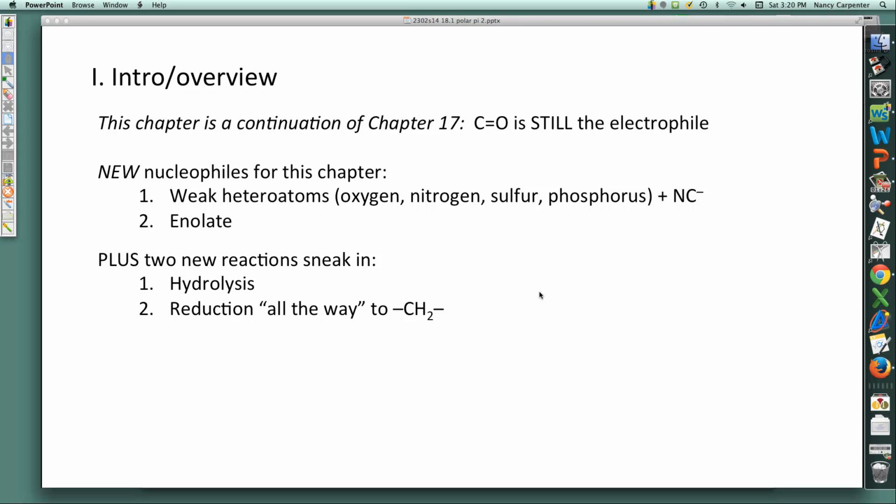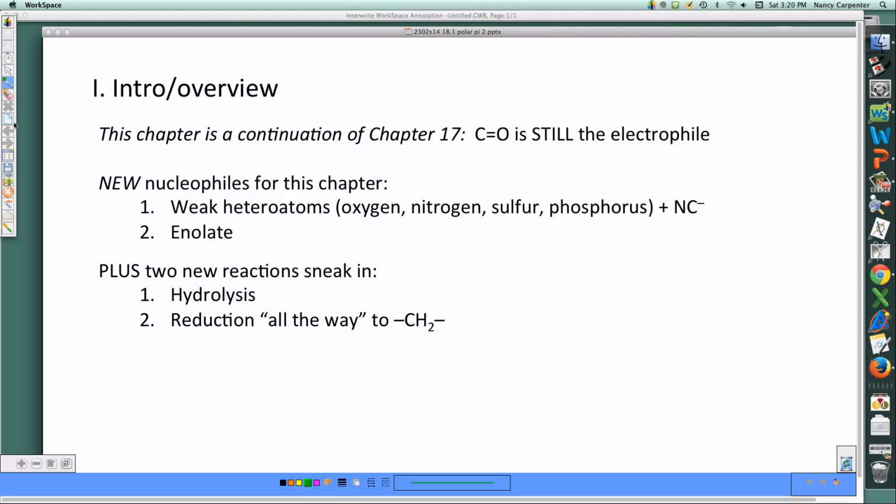We're going to learn all about hydrolysis in this chapter and a new reduction reaction, because when it comes right down to it, in terms of reduction of a carbonyl, well, we've learned how to go from oxidation state +2 to oxidation state 0, but we don't yet know how to go all the way down so that the carbon is fully reduced by adding 2 hydrogens, which would make this -2.